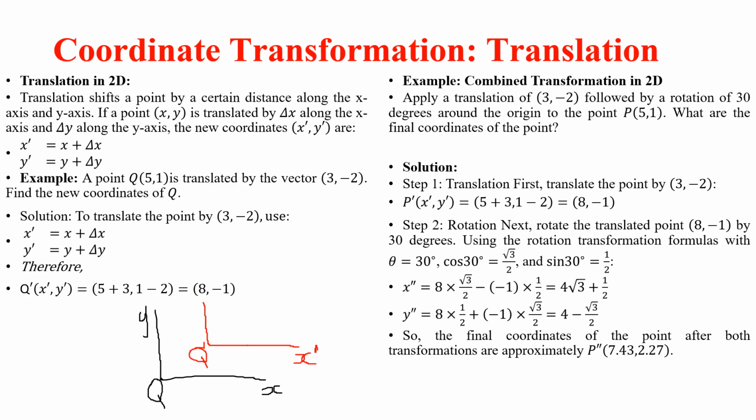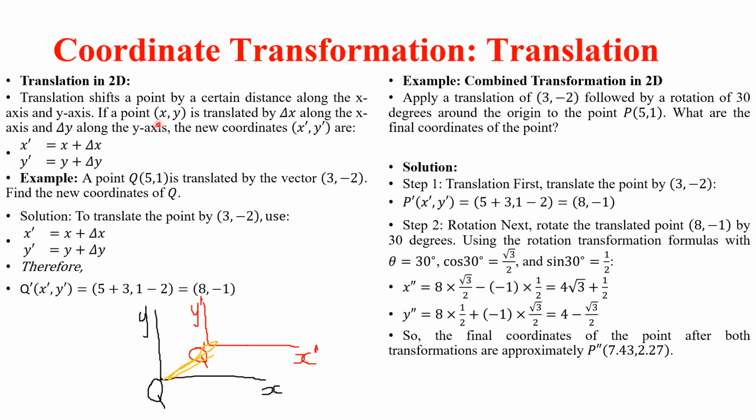point Q prime now becomes entirely shifted from the initial point here to here. And we've got the y-axis, y prime. This kind of shift by a distance x is called translation.